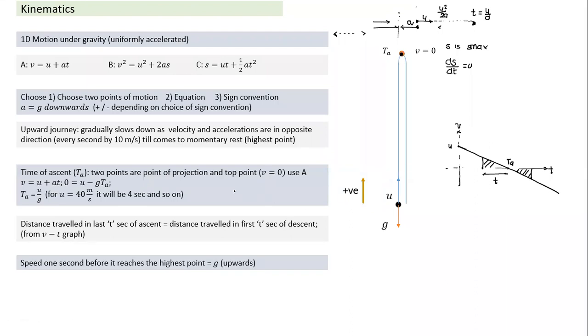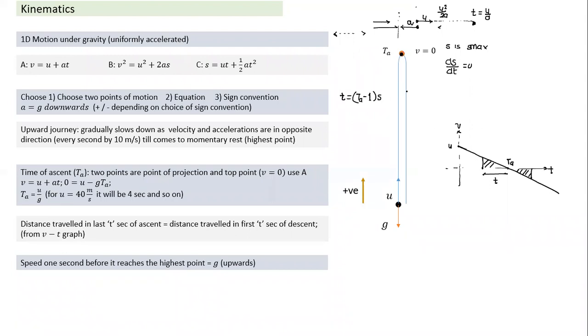Another thing, a point which helps you understand better: what is the speed 1 second before it reaches the highest point? So at time ta it reaches the highest point. What will be the speed of the particle at t equal to ta minus 1 second? One second before, its speed will be g upwards.